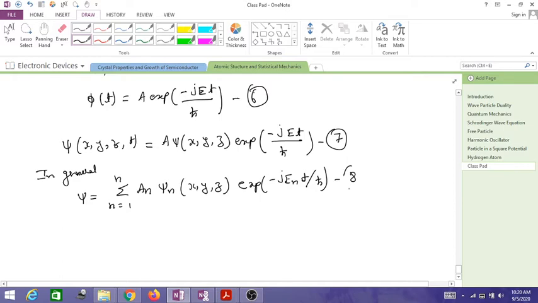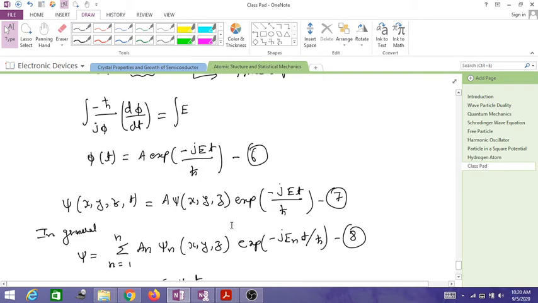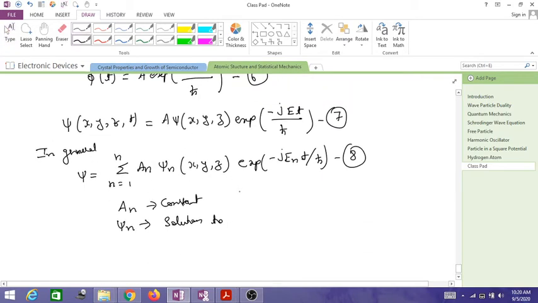Let us call this equation number 8. So here the term a_n is a constant and ψ_n is nothing but the solution to equation number 4, which corresponds to E equal to E_n.